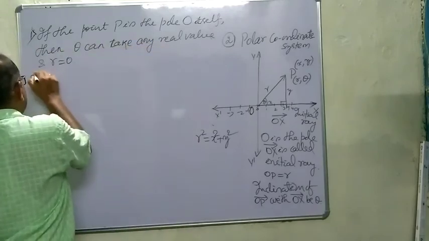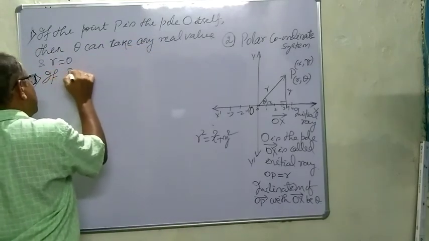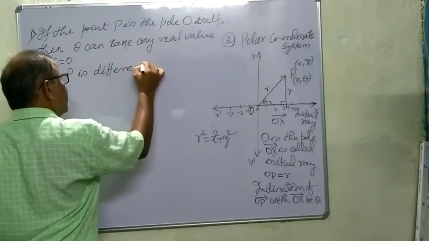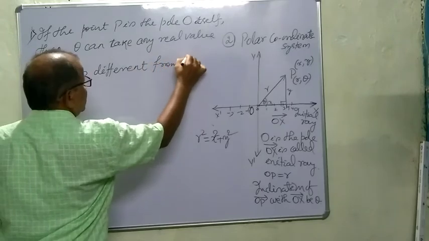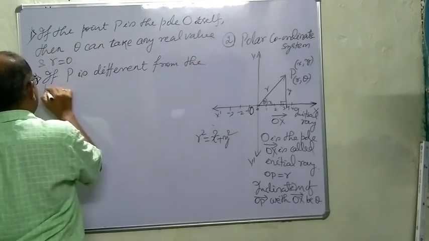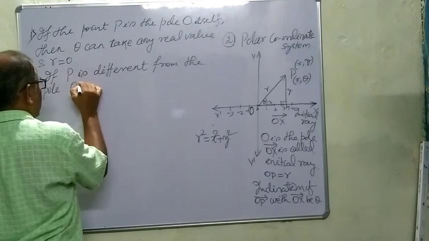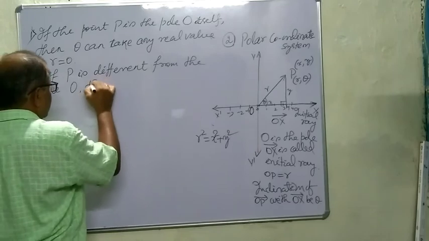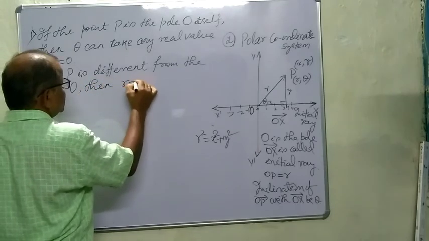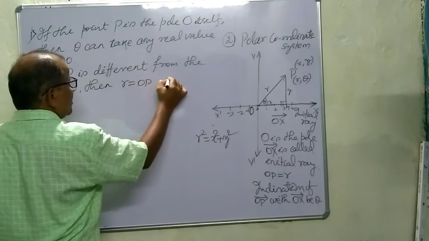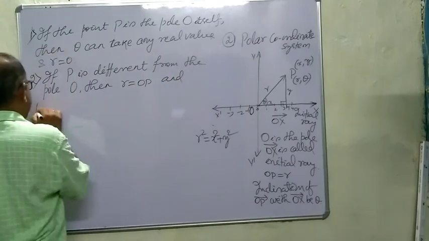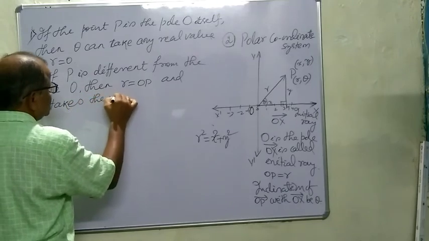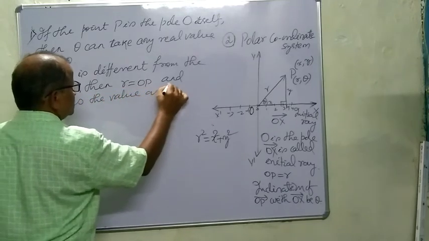Number 2, if P is different from the pole O, what will happen? Then r is equal to the distance of P, and theta takes the value as follows.